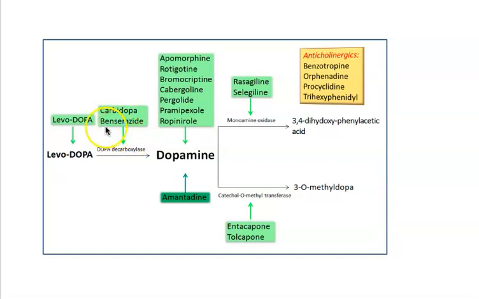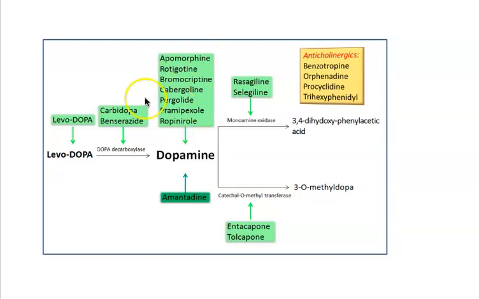So carbidopa and benserazide are going to basically prevent the peripheral conversion to dopamine, so that more of the levodopa makes it to the brain, so that once it gets to the brain, then it can be converted to dopamine. So these two are just helpers in order to help the levodopa stay levodopa long enough to cross the blood-brain barrier and then be converted to dopamine in the brain.